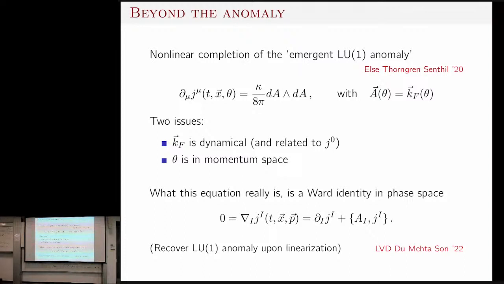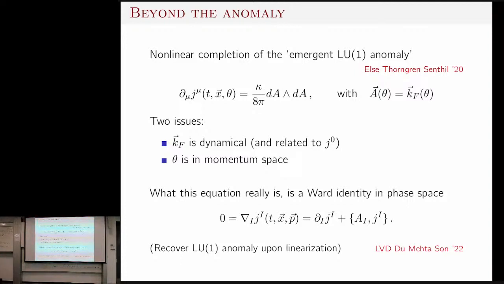But there are some issues with this, some that are immediately apparent from this equation. The first that you might worry about is that it's partially in momentum space and partially in space. The structure of phase space is very different from the structure of space.